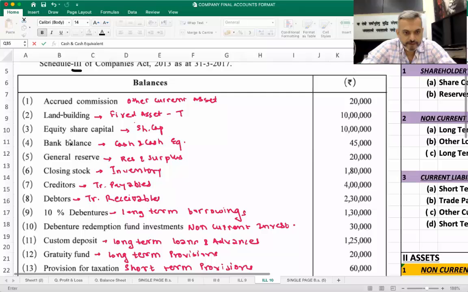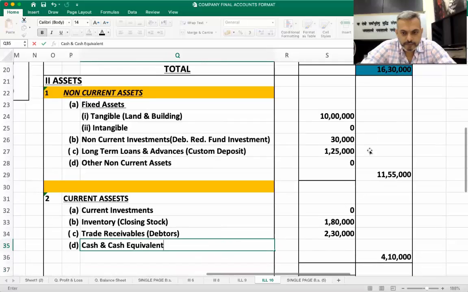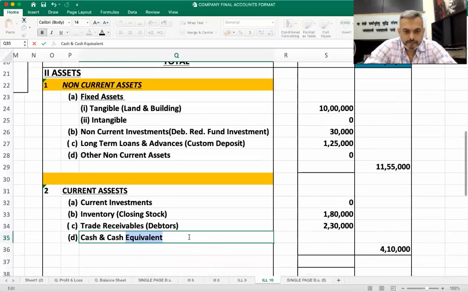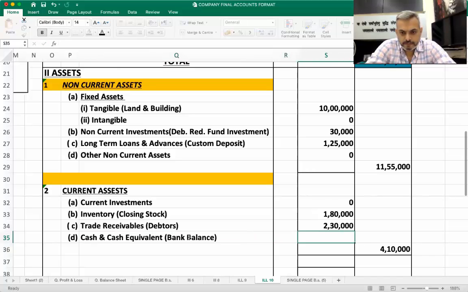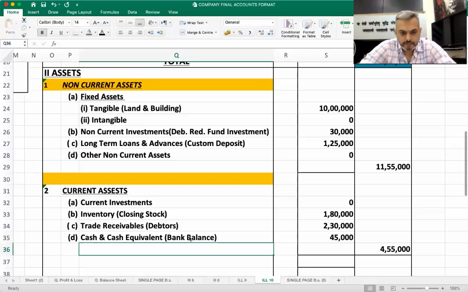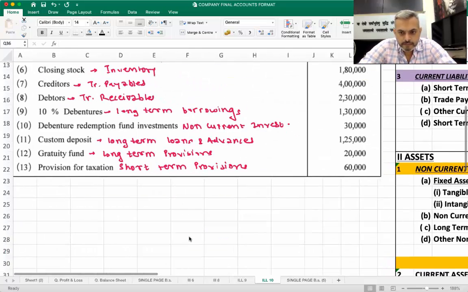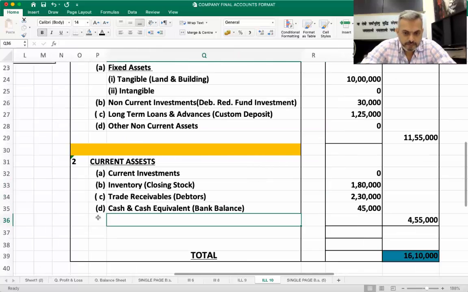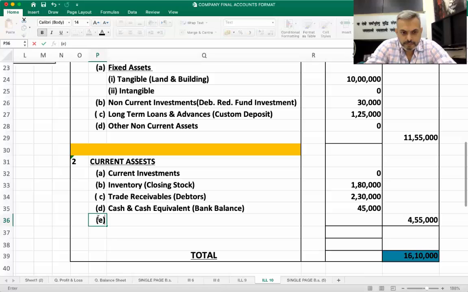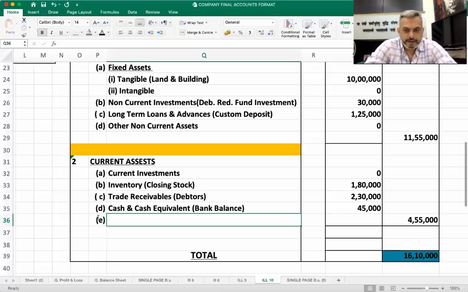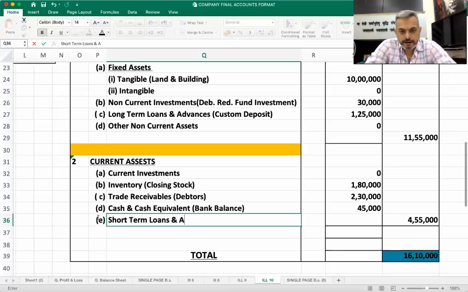We have bank balance of 45,000. Short-term loans and advances.